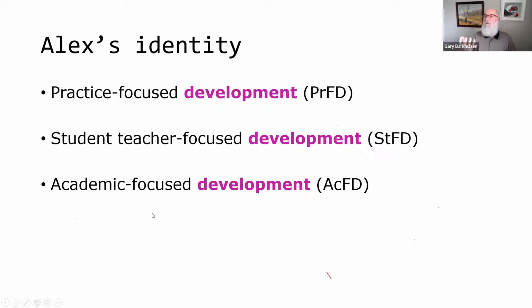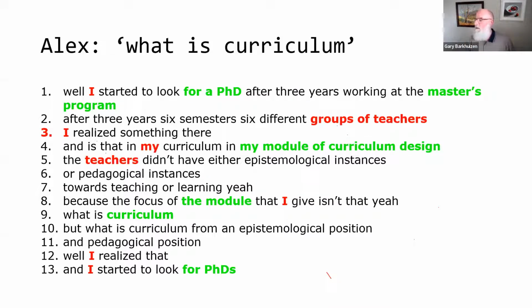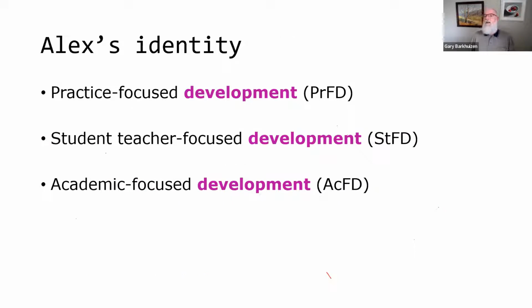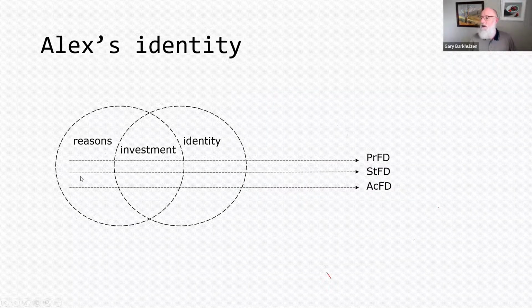He wants to learn much more about what curriculum is and what the pedagogical implications are, and what is the other one? The epistemological positions related to curriculum. So these different developments related to Alex are practice related, student teacher related, and academic related.